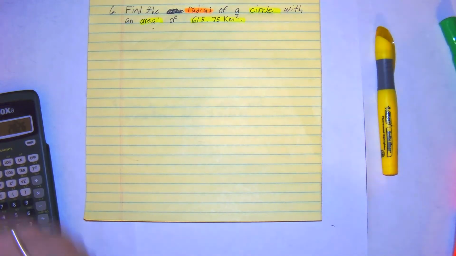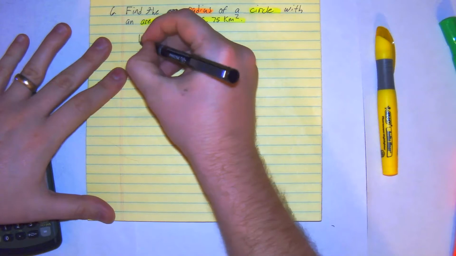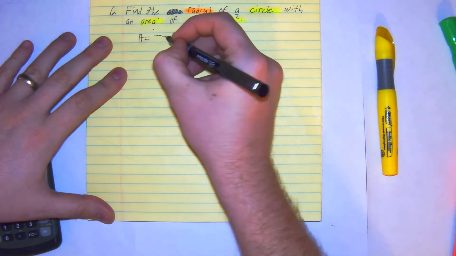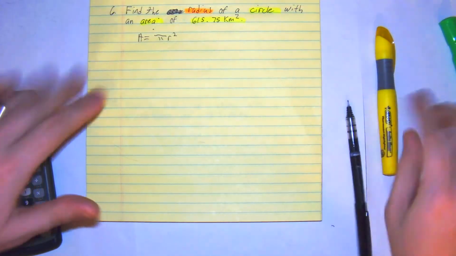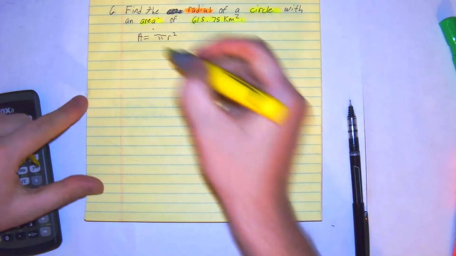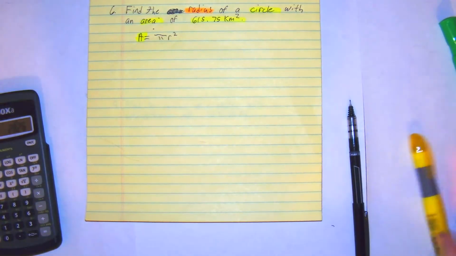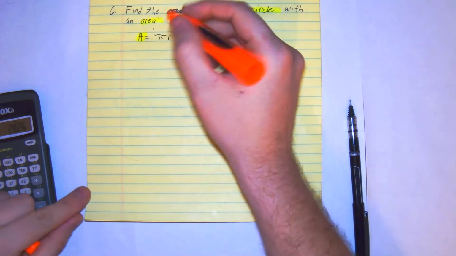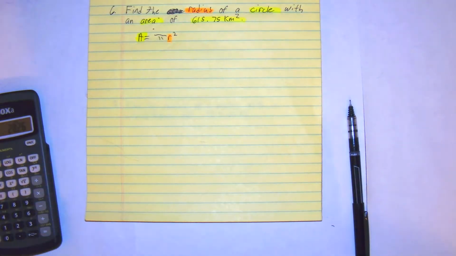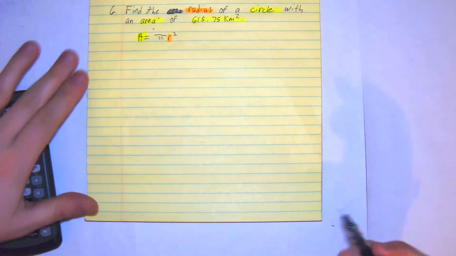So the way we're going to do this is a circle's area is equal to pi r squared. So this is the circle area that we're focusing on, and the goal of this problem is to find r. We don't know what it is, so we're going to work backwards.